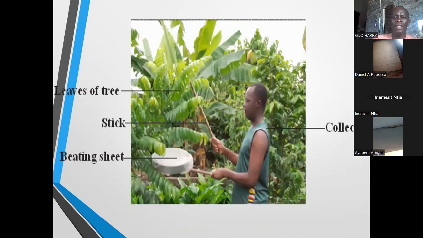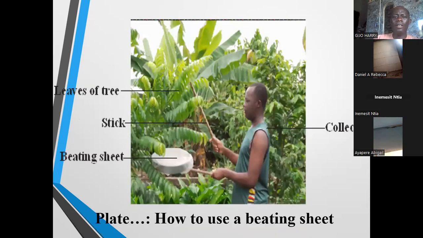Just as has been illustrated here, the stick is used to hit the leaves, and the insects fall into the beating sheet, and they are collected either by hand, particularly the slow-moving and non-toxic ones, or with an aspirator.